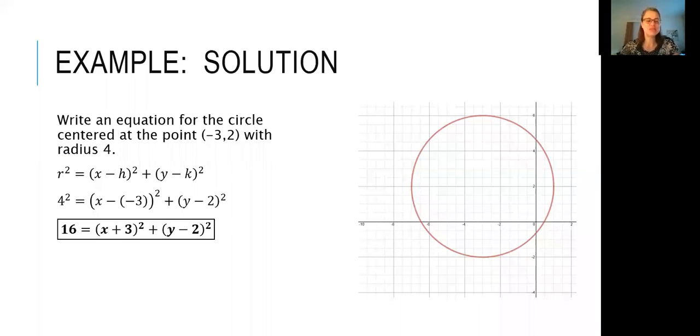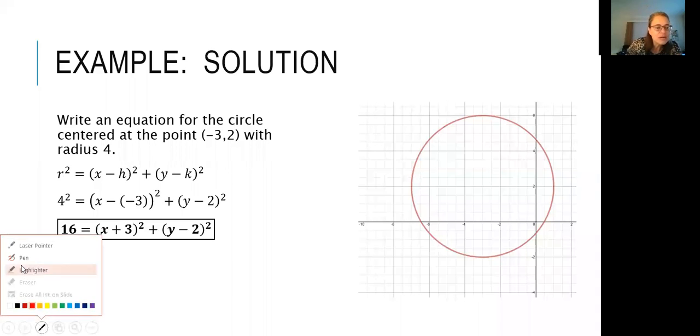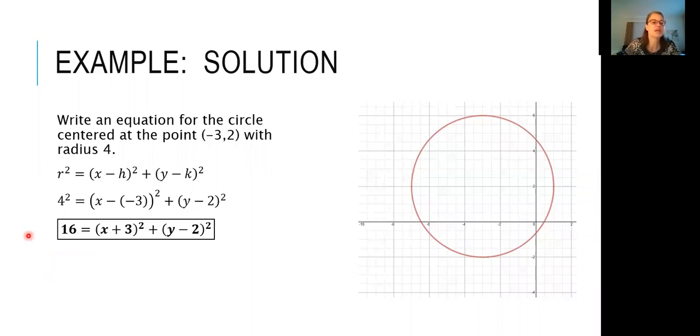So here's what we do. We start with the equation of the circle: r squared equals x minus h squared plus y minus k squared. Fill in the holes. We know the radius is 4, so we put 4 where r is. We know that h is -3, because h is the x coordinate of the center, so we put a -3 where h is.